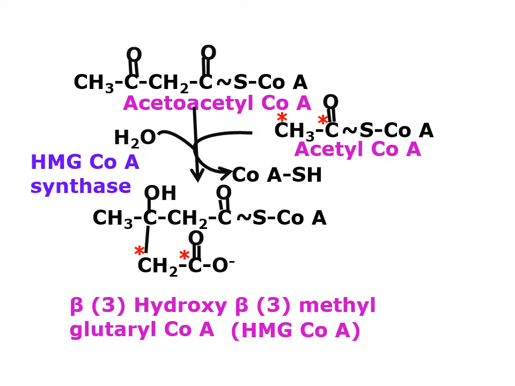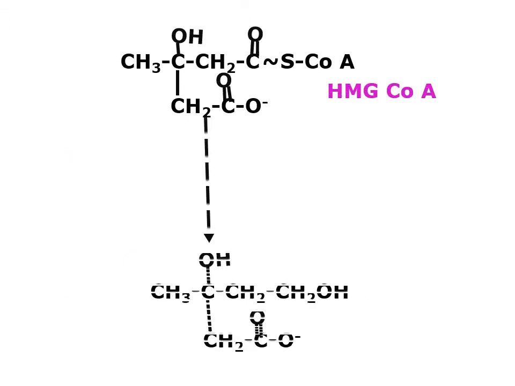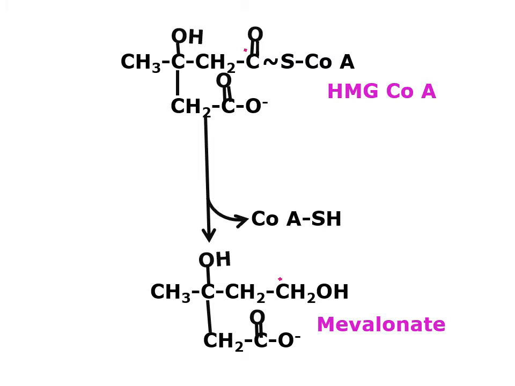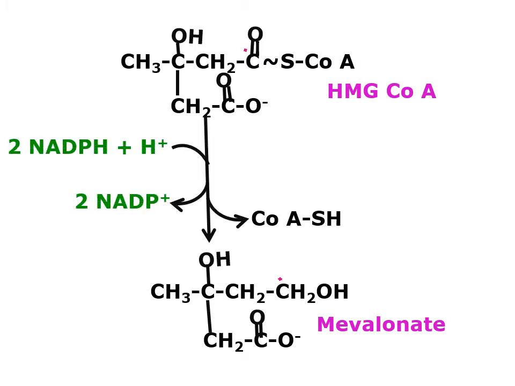Acetoacetyl-CoA in the presence of HMG-CoA synthase is converted to HMG-CoA. Once HMG-CoA is formed, by removing coenzyme A and utilizing NADPH, it gets converted to mevalonate.